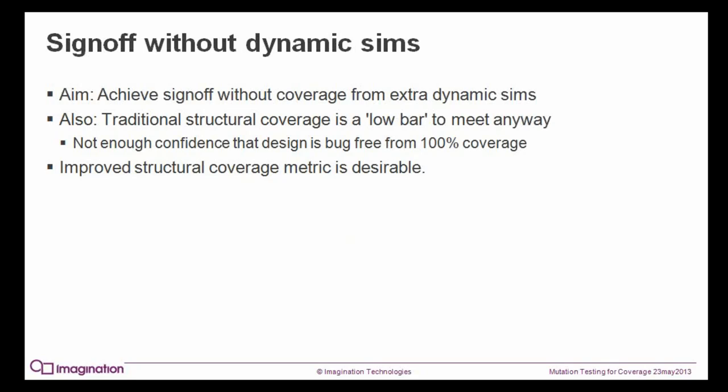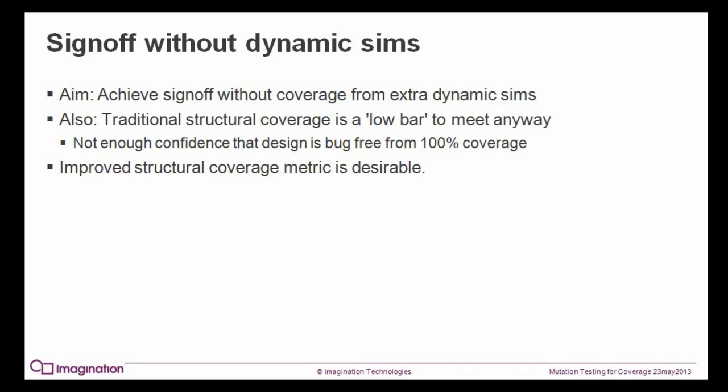And it's also important to note that frankly, expression coverage and branch coverage isn't a very high bar to meet. If you've got 100% expression coverage, it doesn't mean that you've got no bugs in the design, even if you have followed your test plan and got your functional coverage.